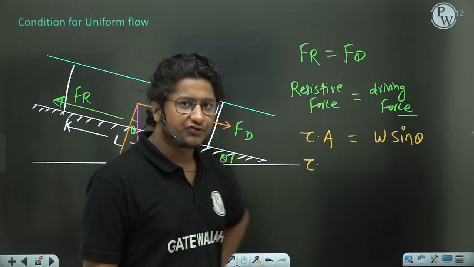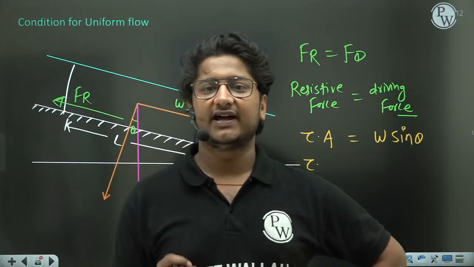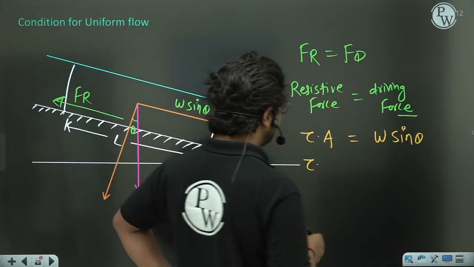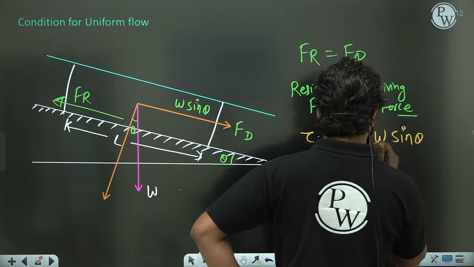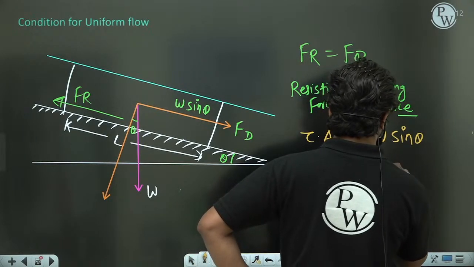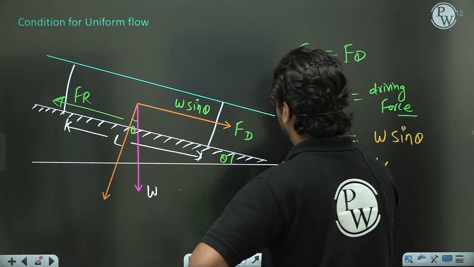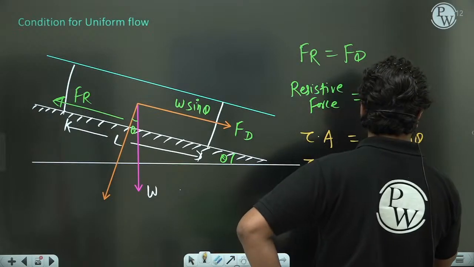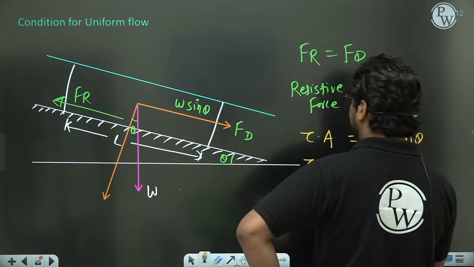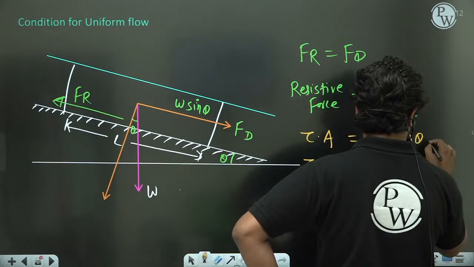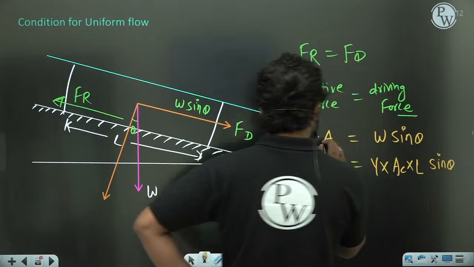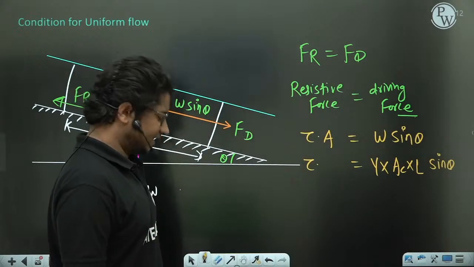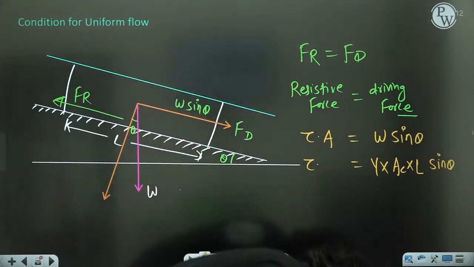Here W we can write as gamma into volume. That volume we can write as area of cross section, AC, into the length into sine theta.